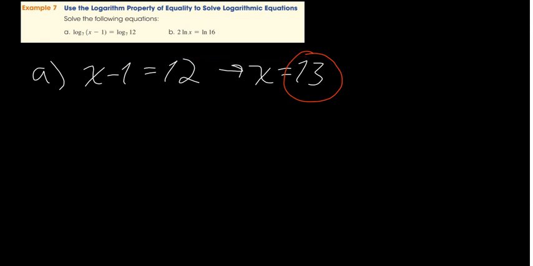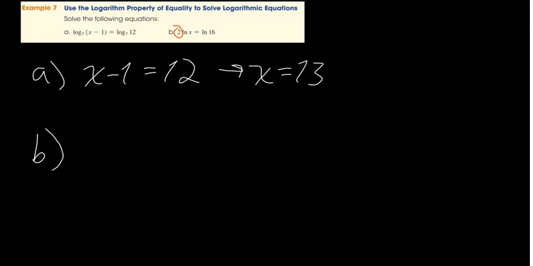But I'm pretty sure B is not going to be as happy about it, and we'll see what happens. So we have 2 natural log of x is equal to a natural log of 16. Well, we obviously have the same base, but this 2 out in front kind of ruins things a little bit, right?